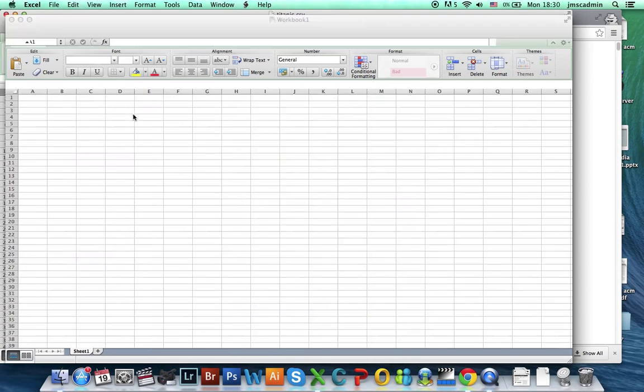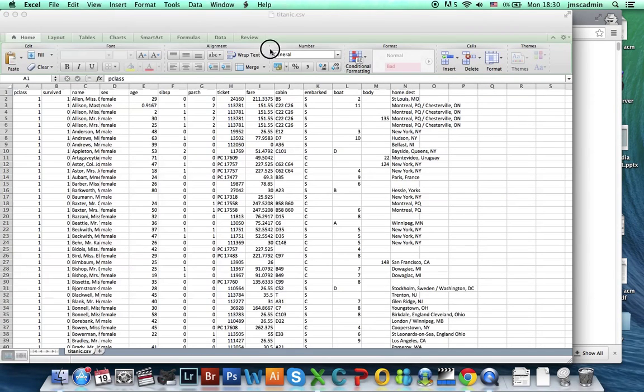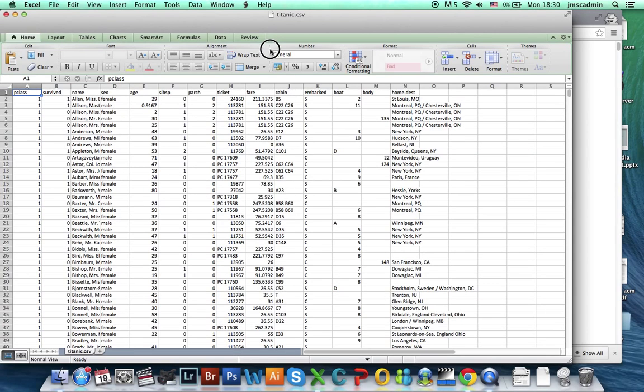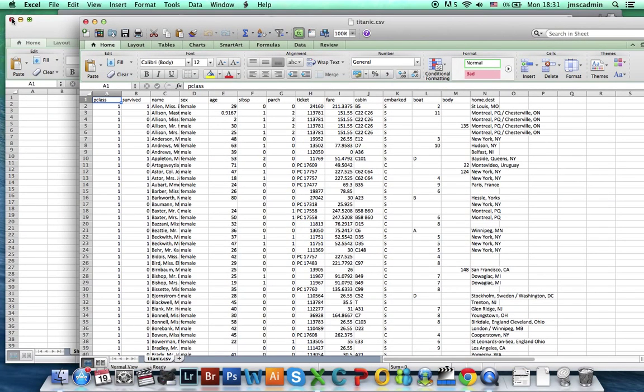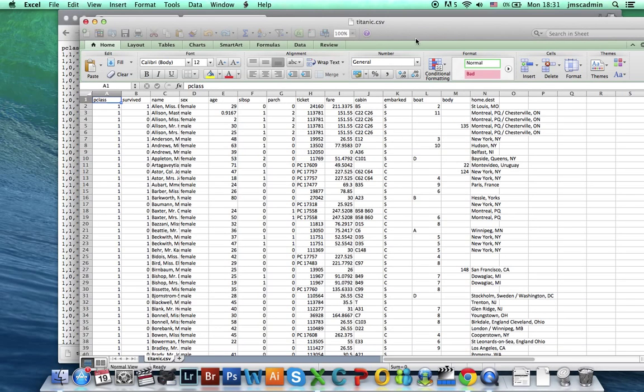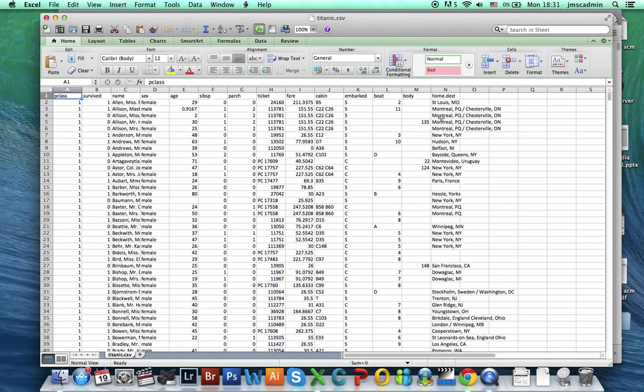Okay, when you open the data file, it actually is the data of all the passengers on the Titanic. You know Titanic, right? That "you jump, I jump", "my heart will go on" movie.